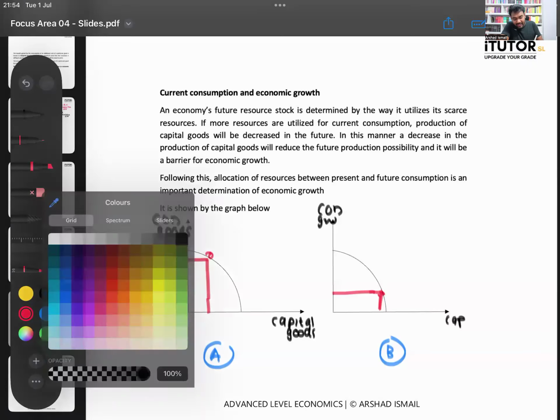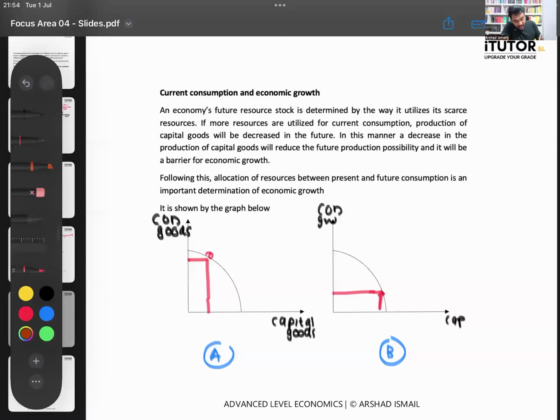Based on this, can you all tell me who has a high current living standard? Living standard is usually based on your consumer goods, how much choice you have, and all of that. Who has a high level of current living standard? Current living standard is better in country A.